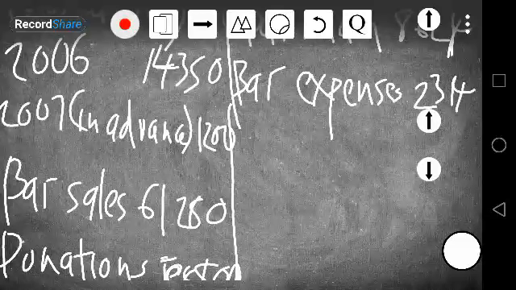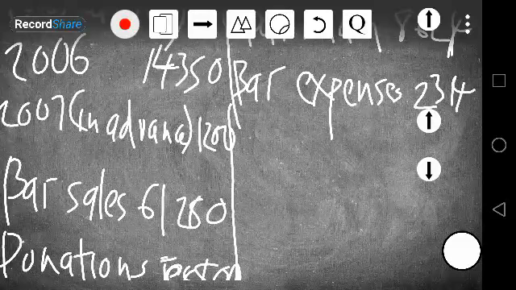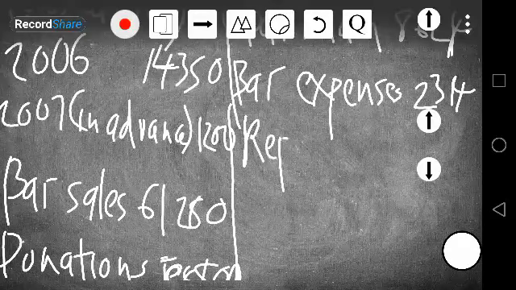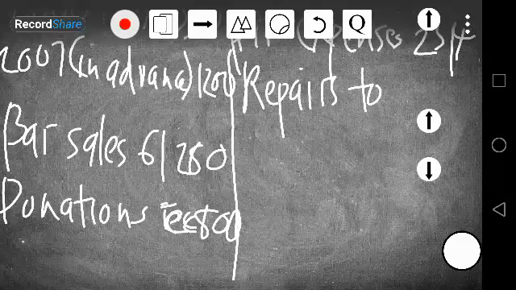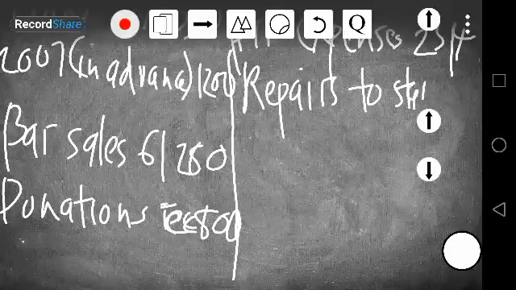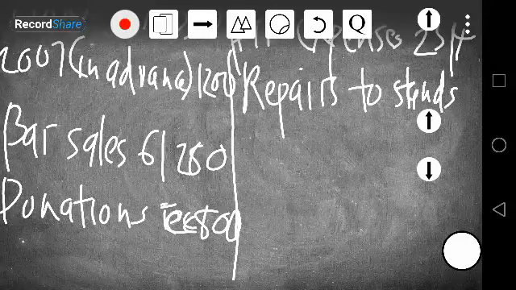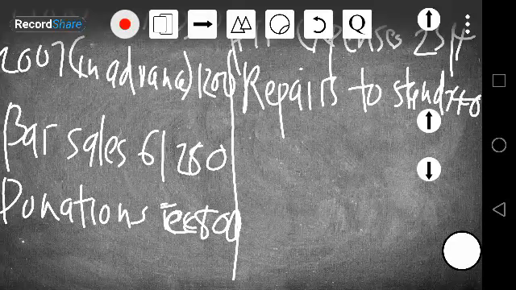Then we have repairs to stands. Repairs to stands, that's 740, okay?